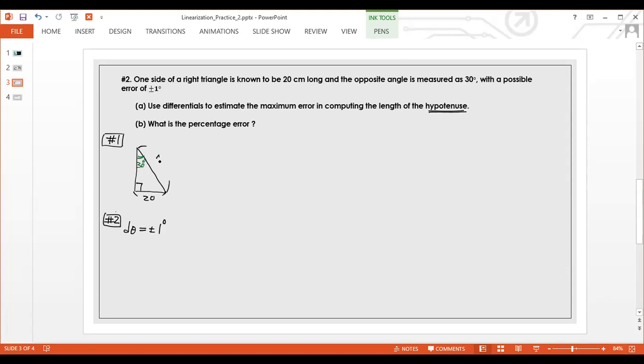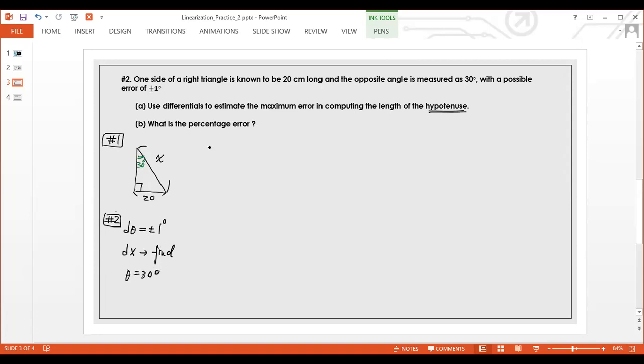Let's say this is x. So I want to use a differential to estimate the maximum error of the hypotenuse, so dx is what we are trying to find. And theta here is 30 degrees.